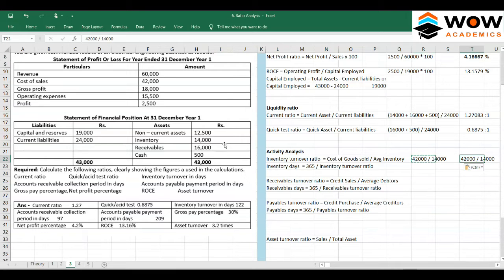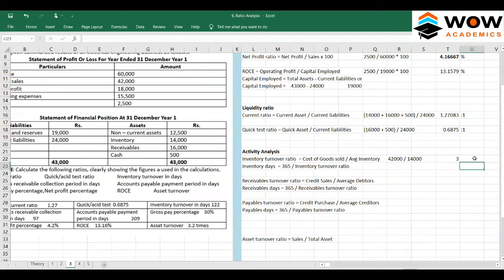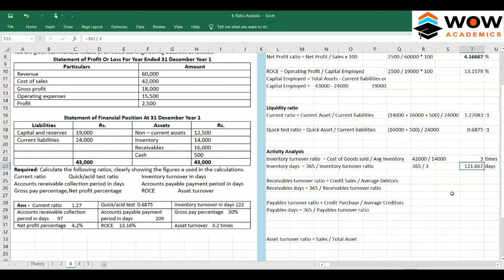Solve this, you'll get the answer. The answer that you'll get is in times. So the next is divided by 365 days. You will get 121.